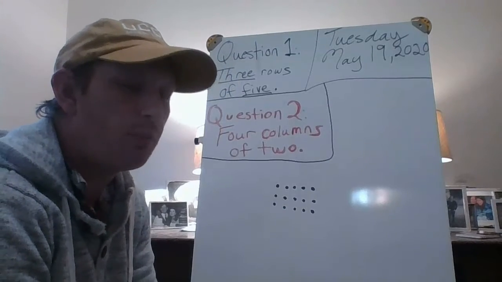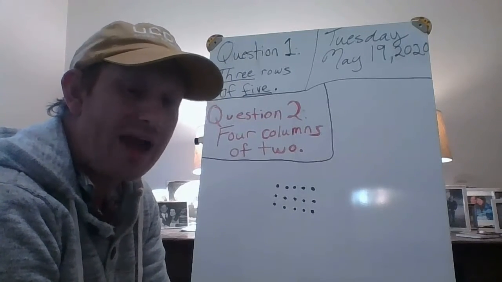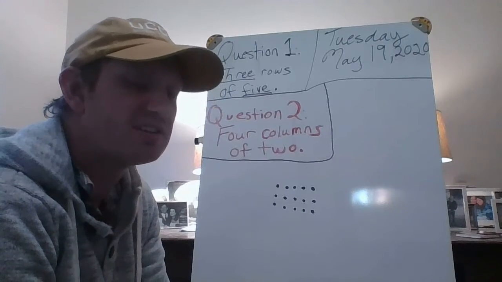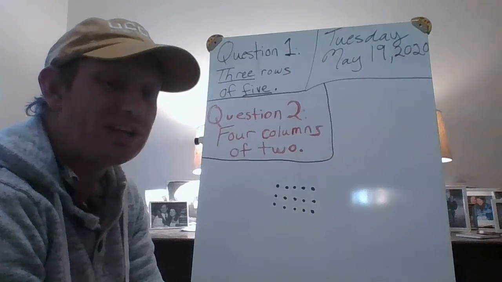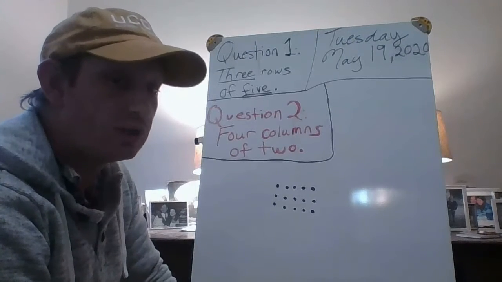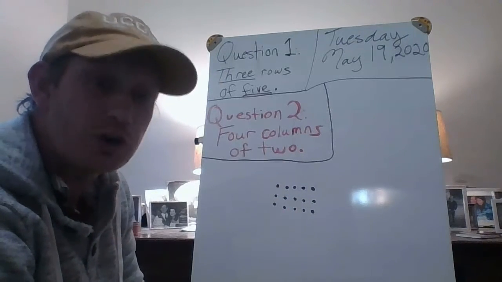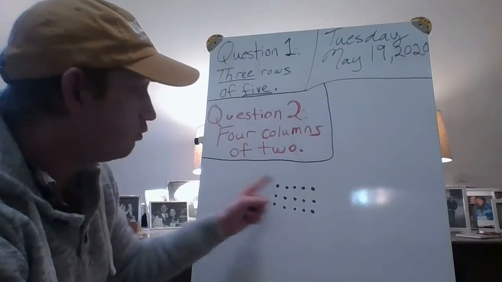With this, we can come up with 2 different math equations that will both come up to the same answer. We can do it using rows, or we can do it using columns. So first, we're going to do rows.